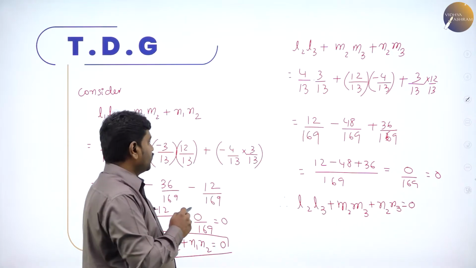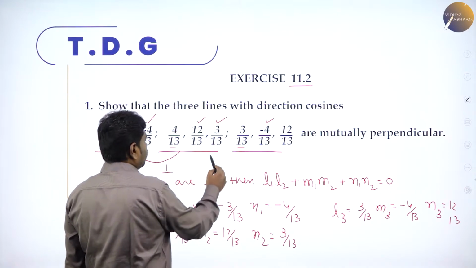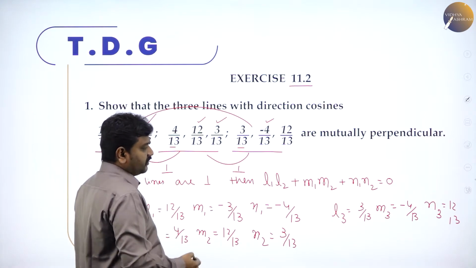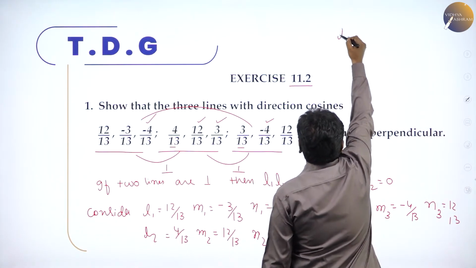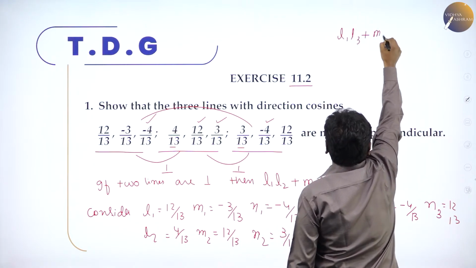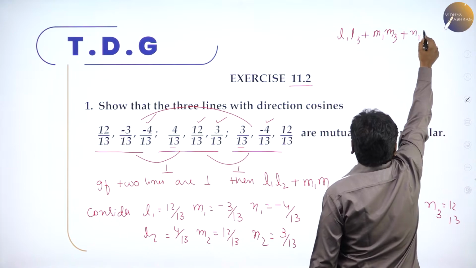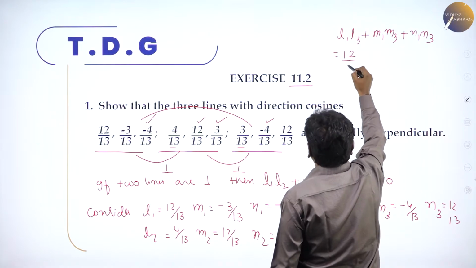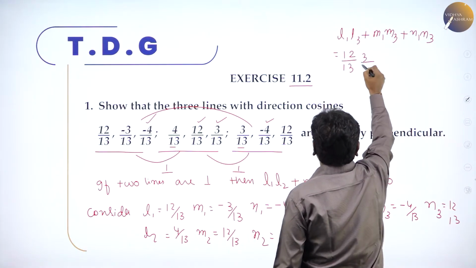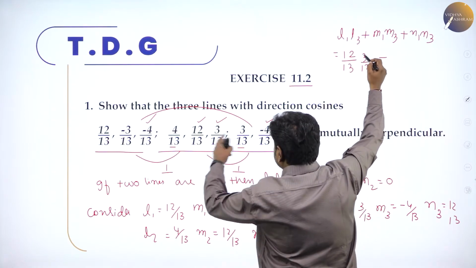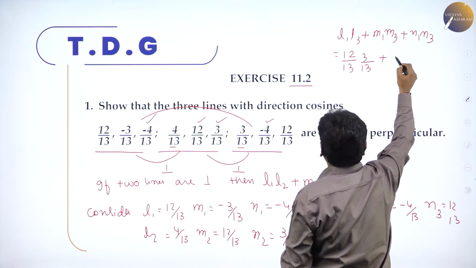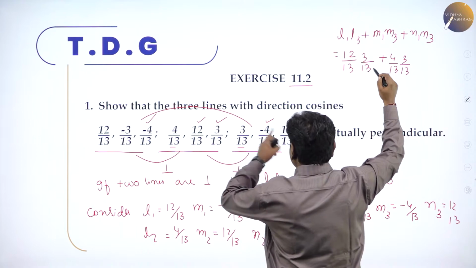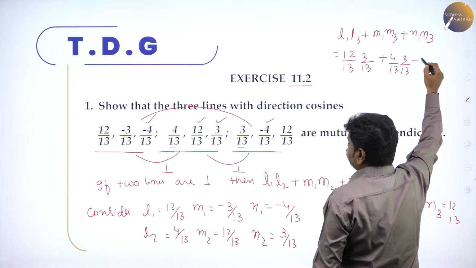So these two we proved perpendicular, and now we proved these two perpendicular. Now I should take the first with the last, L1 L3, M1 M3. So we consider L1 L3 plus M1 M3 plus N1 N3. Expanding, 12 by 13 into 3 by 13, plus minus 3 into 4 by 13 into 3 by 13, then minus 4 into 12 by 13.